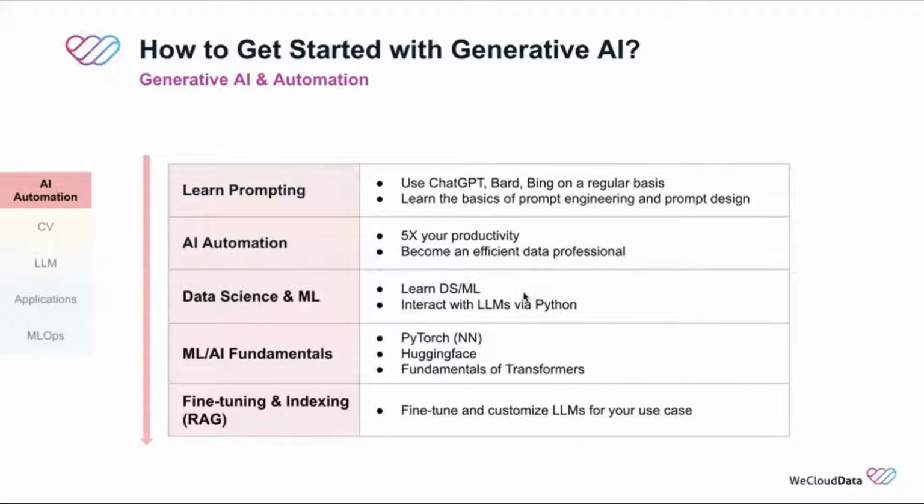Okay, so how do we get started with generative AI and prompt engineering or AI automation? I think the first thing you need to learn is just how to do prompting. Some people say that prompting will go away when the Gen AI models become more and more powerful.